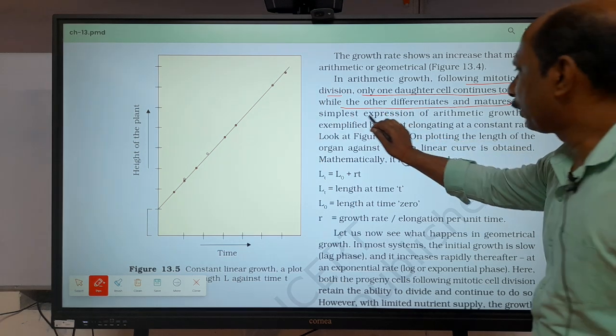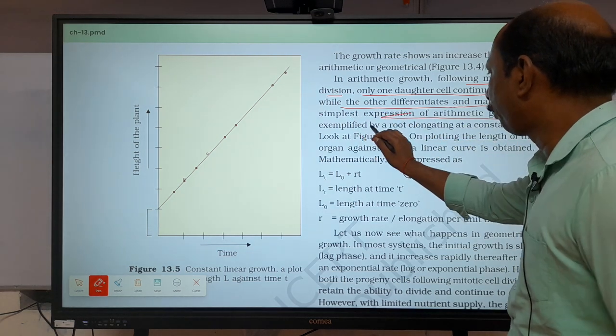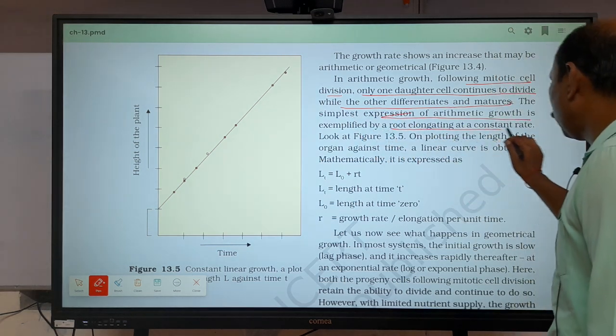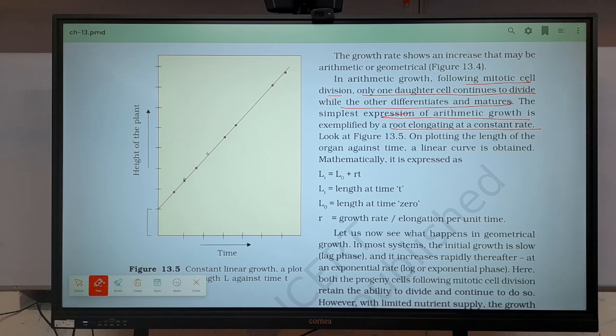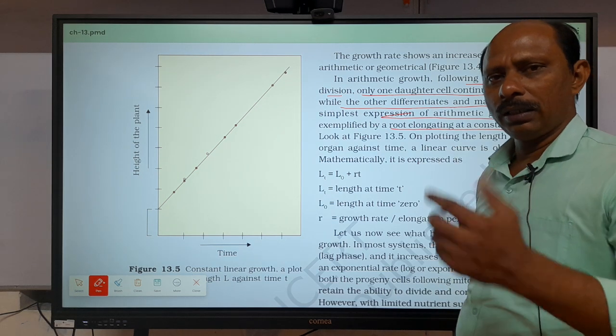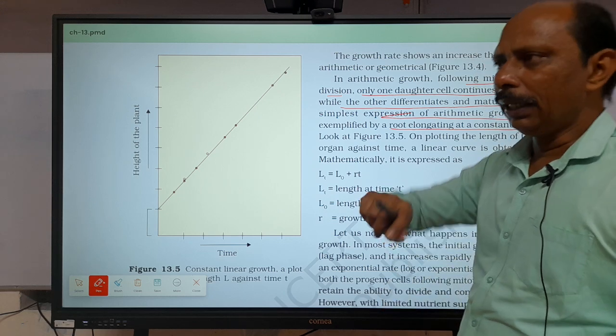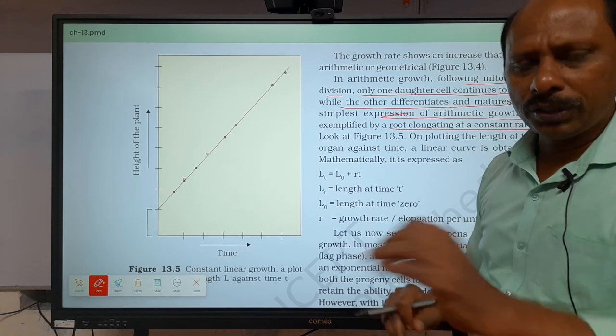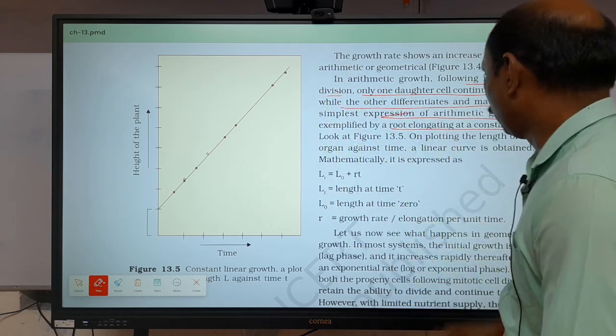The simplest expression of arithmetic growth is root elongation at a constant rate. Only one cell continues to divide, the other goes into maturation. First elongation, then maturation, right?